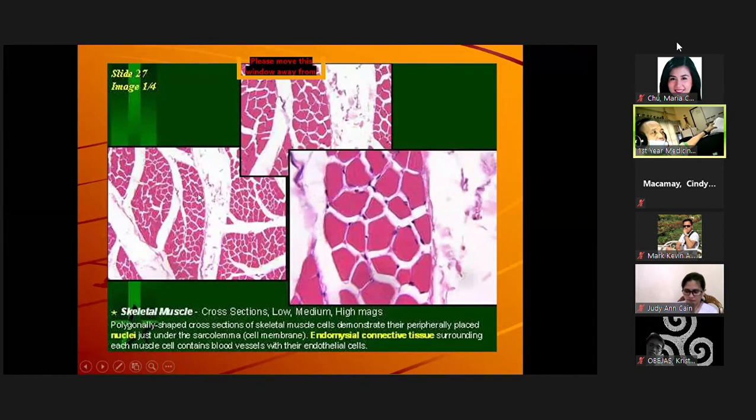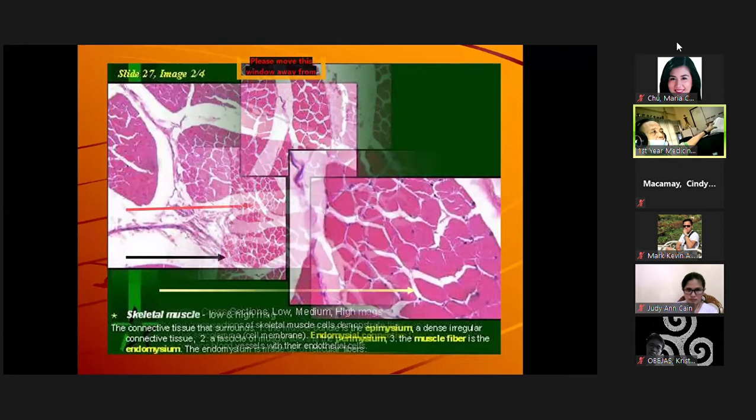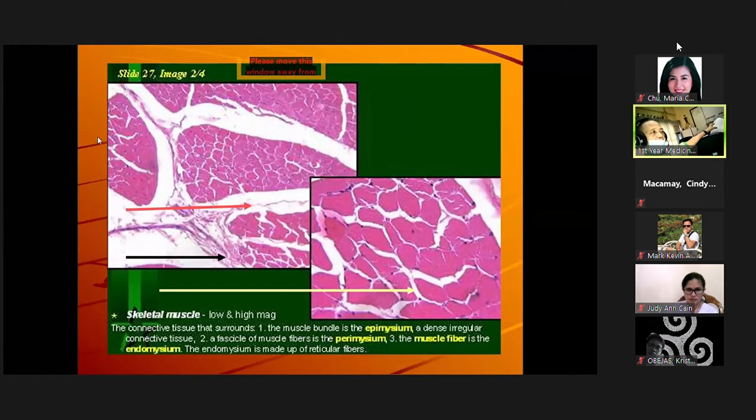Now, let's go to the next slide where it is clearer. Here, again, this is your loose connective tissue. This white here covering individual fibers. You will see this depending on how it is cut. This one here is your covering of the entire bundle. This is your dense connective tissue.